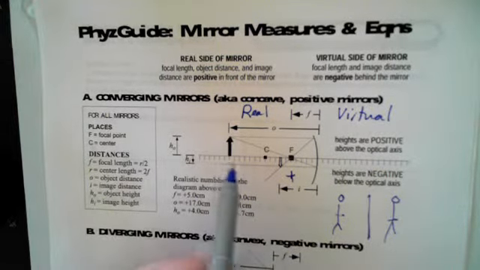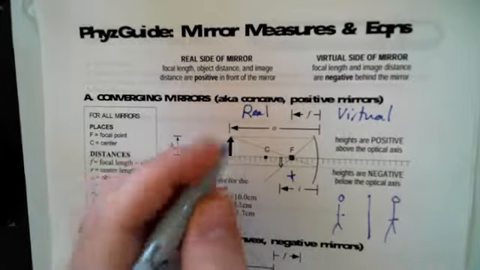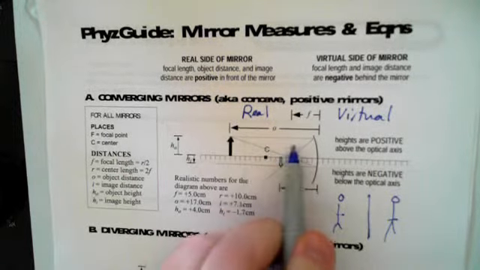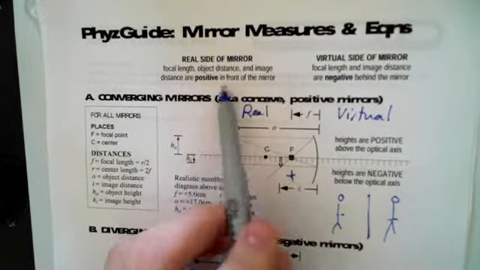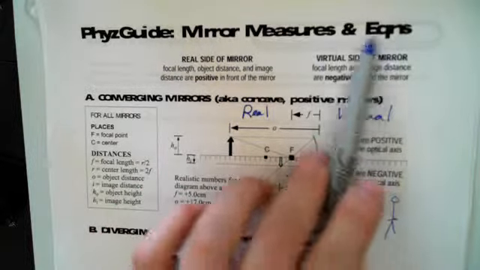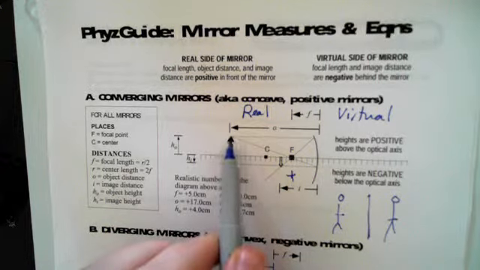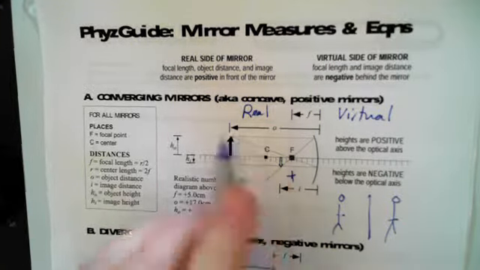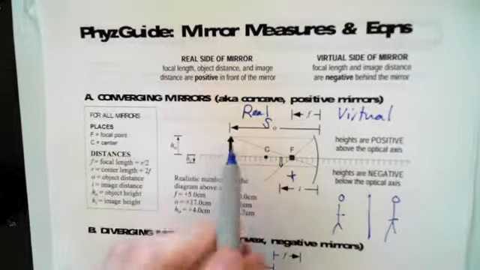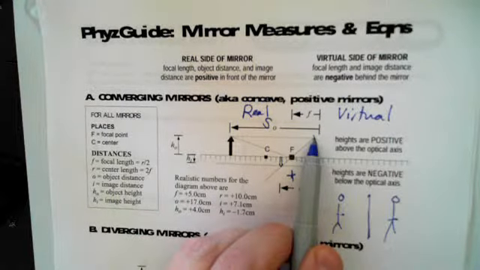All right, a couple things. Object distance is from the object, and here too it reiterates the real side and virtual side. For converging mirrors, the distance to the object, remember, is S sub O, and that's from the object to the mirror. It's always a positive value.